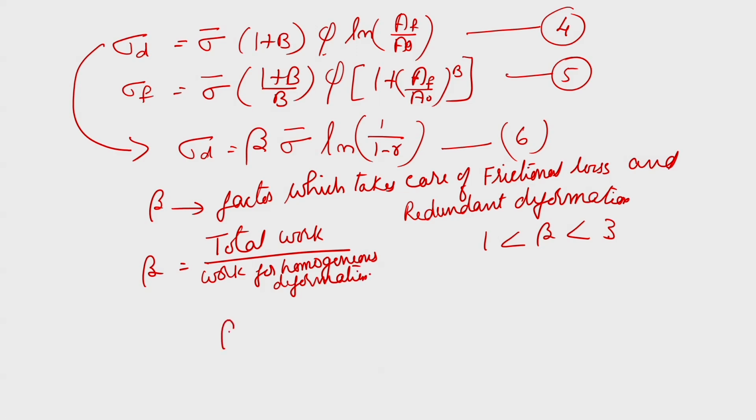And this beta also, some people express it as an efficiency factor 1 by eta, where this eta is a product of two efficiency terms.